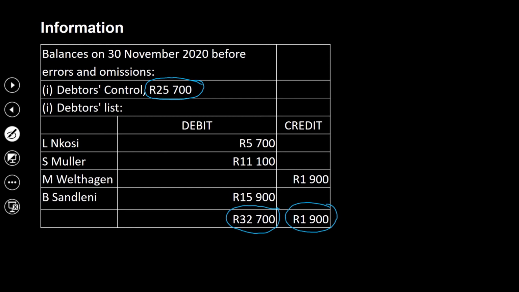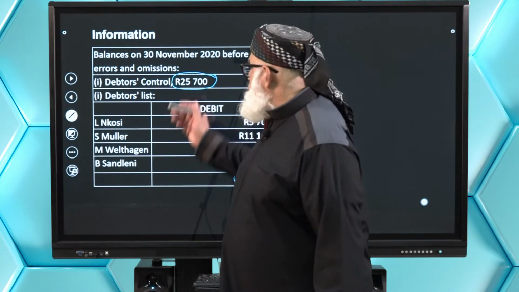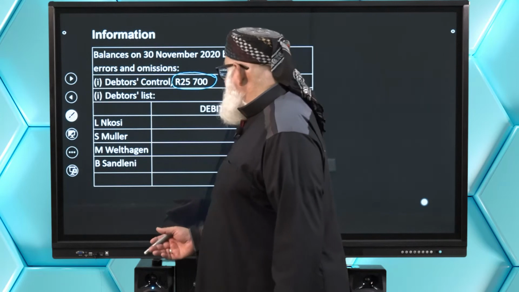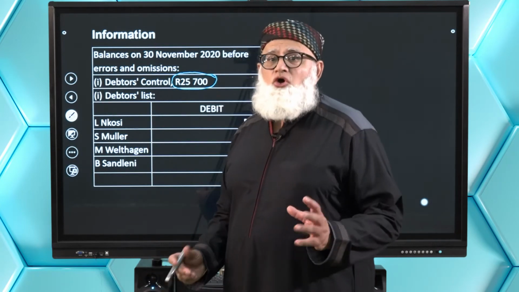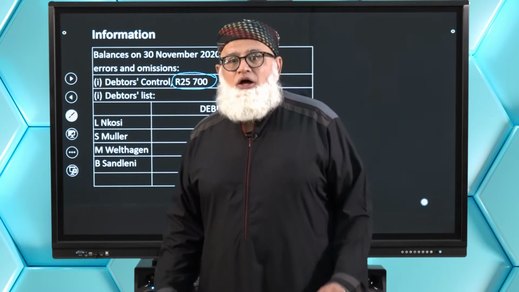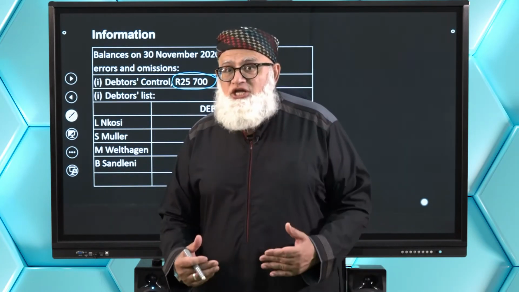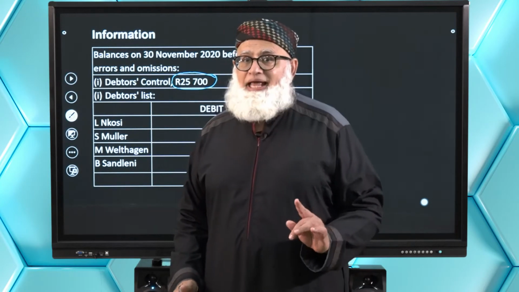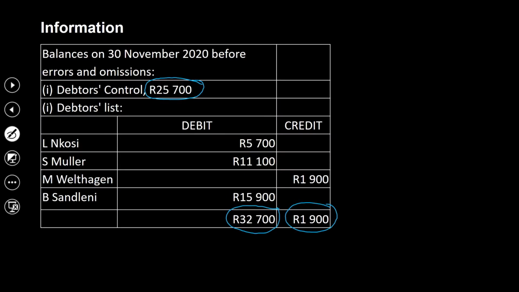So obviously you can see that the two are not in agreement, right? And as a result of them not being in agreement, we now have to make the necessary changes in order to reconcile what? My debtors control account with my debtors list. All right, okay, here we go.